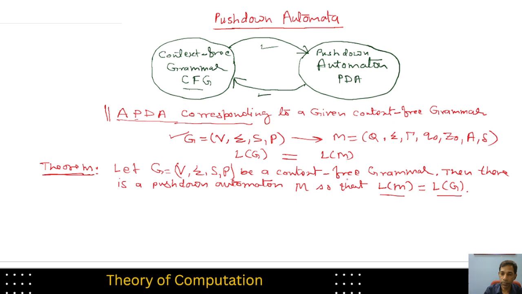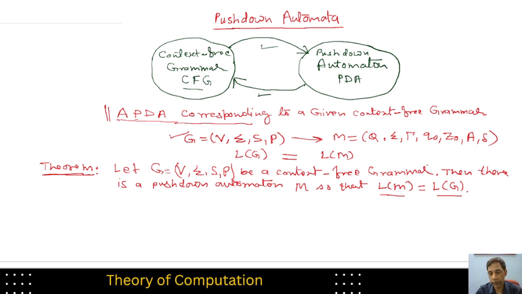Since the language of the PDA and the language of the context-free grammar are the same, Sigma remains the same, and we need to decide the number of states in the PDA. We need to decide what symbols we need to keep on the stack, and we have chosen Q0 as the initial state and Z0 as the initial stack symbol. We also need to decide which should be the final state, and finally we have to show the transitions.